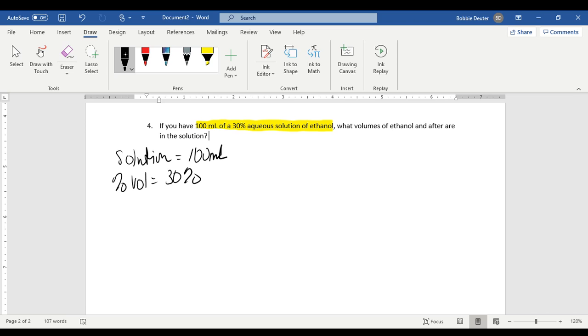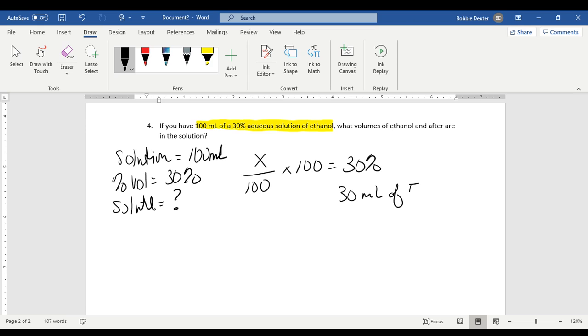And so we need to know our ethanol, which is our solute. That is our unknown for this situation. So we would simply put it up as X divided by 100 times 100 is equal to 30%. It's easy to find the solute for this. And so this would be 30 milliliters of ethanol we would need to make this.